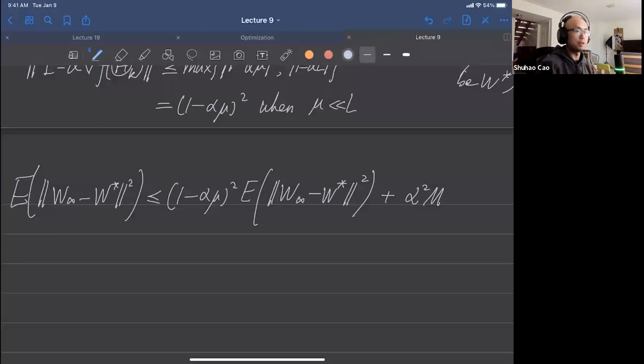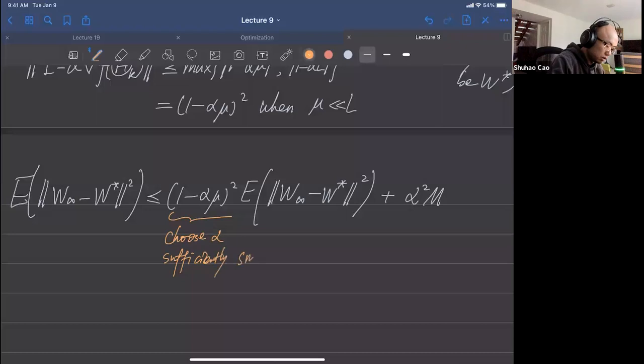And if we solve for it, this is positive, right? And this is a number. We assume this is a number less than 1: 1 minus alpha mu is a number less than 1. So we choose alpha sufficiently small such that 1 minus alpha mu is less than 1, or alpha mu is less than 1.